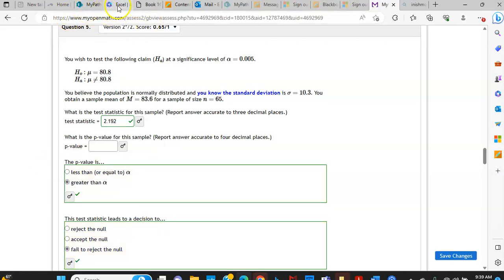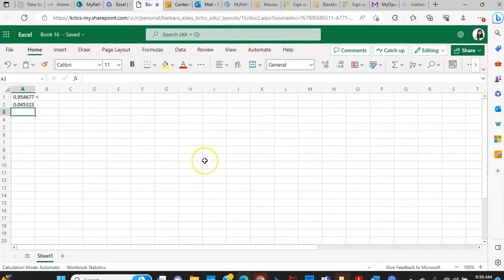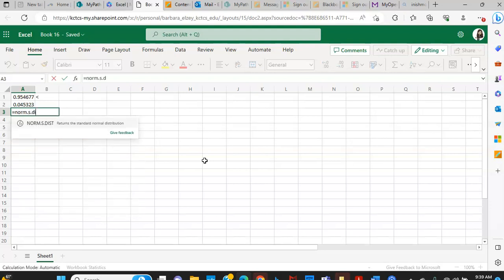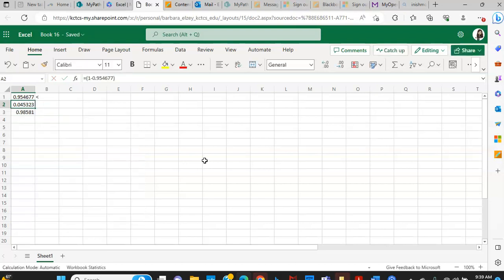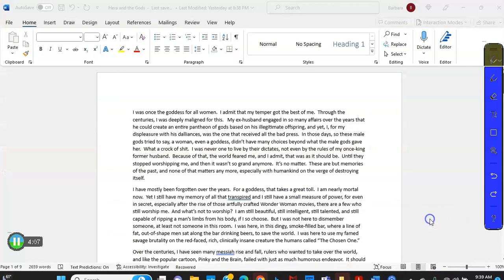Okay, so going back to Excel, equal norm.s.dist 2.192, true, and I get 0.98581. Or let's go ahead and round it to 4 decimal places, 0.9858.